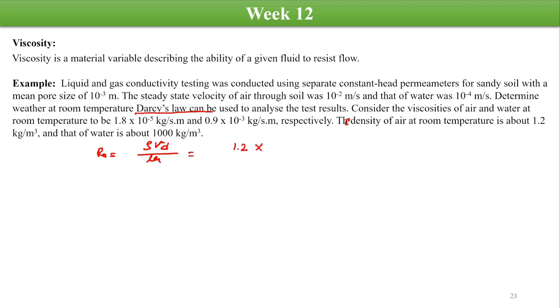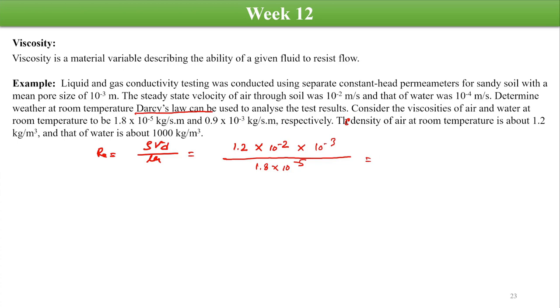The value of velocity is given as steady state velocity, 10 to the minus 2 meter per second. And the value of d is the mean pore size, that is 10 to the minus 3 meter. That will be divided by the dynamic viscosity, and this is given for air as 1.8 into 10 to the power minus 5 kilogram per second meter.